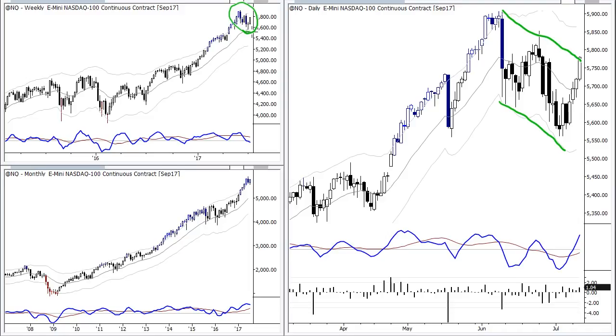On the weekly, this really does not get our attention. This is not a significant change. And looking at the monthly, we're looking at a very, very long uptrend, and this is not even a blink on the monthly time frame. So that's scenario one: is this a complex bull flag setting up on the daily chart, which could set up a continuation?